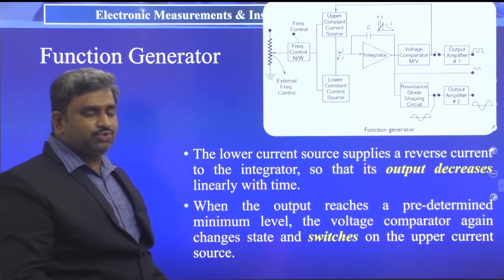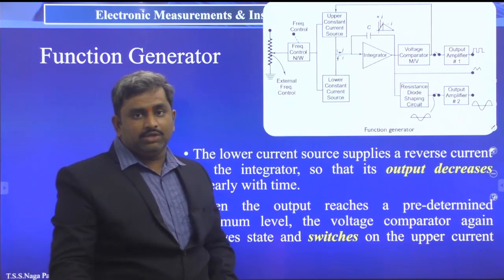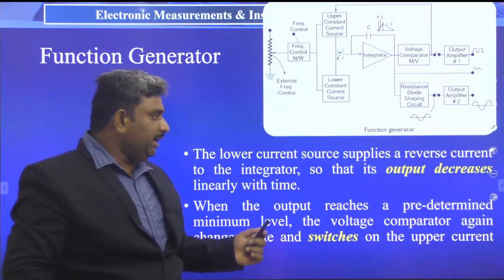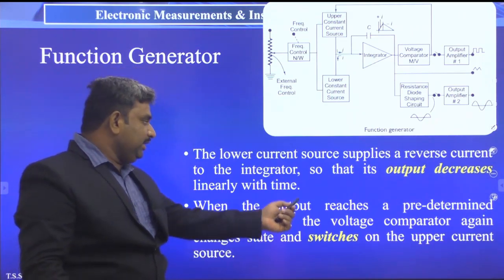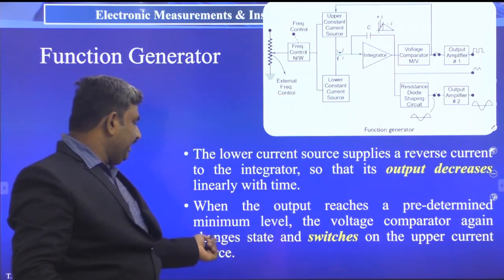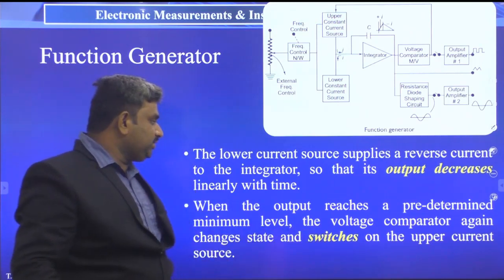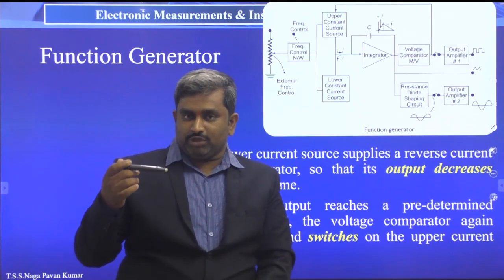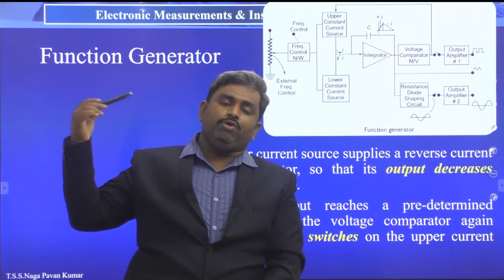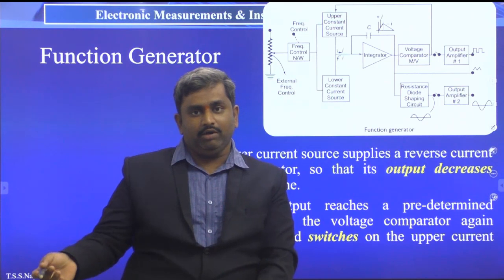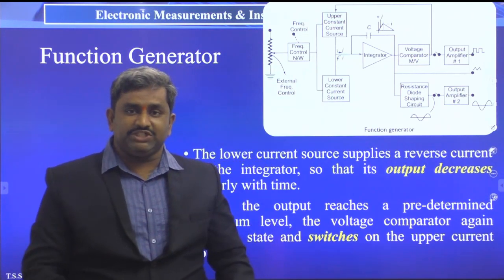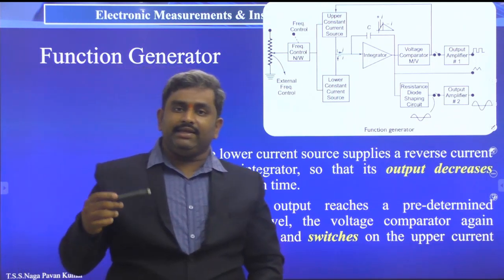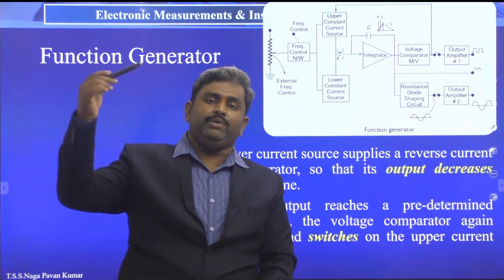When the output reaches a predetermined minimum level, so when the voltage is decreasing and comes to a predetermined minimum level, then the voltage comparator again changes state and switches on the upper constant current source. The upper constant current source drives some current to the integrator, and now the integrator output continuously increases.